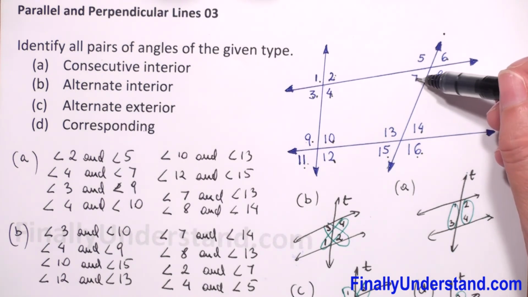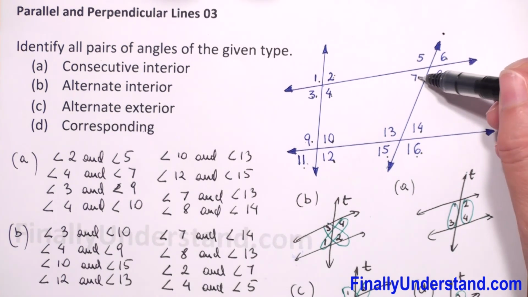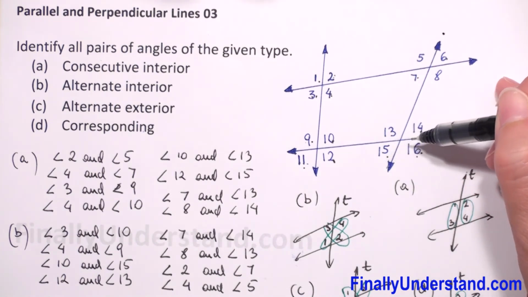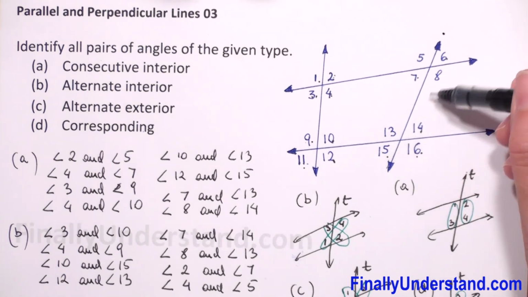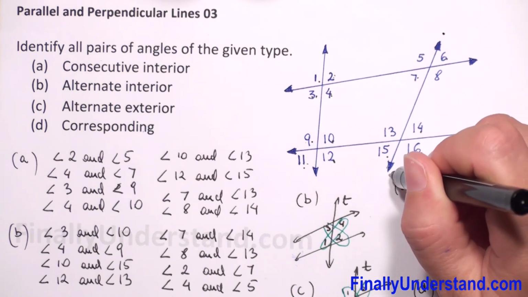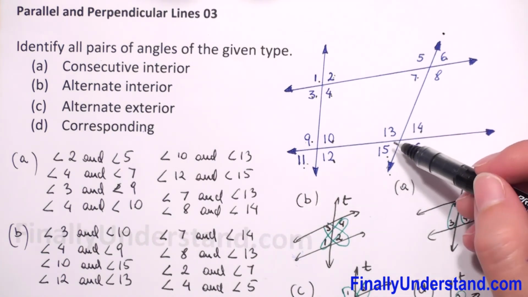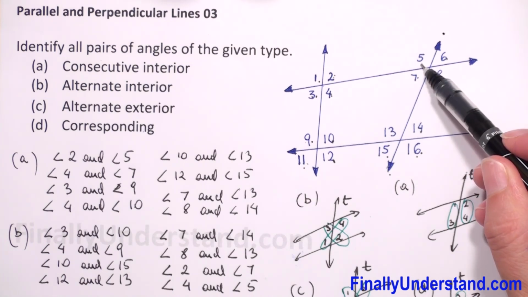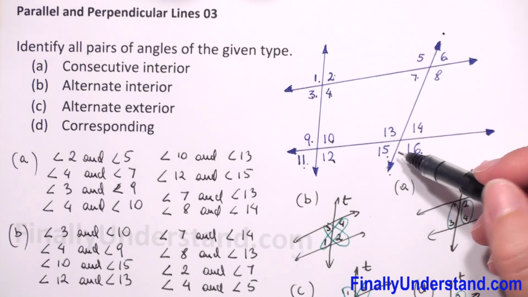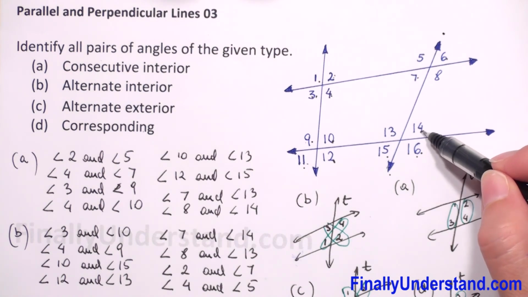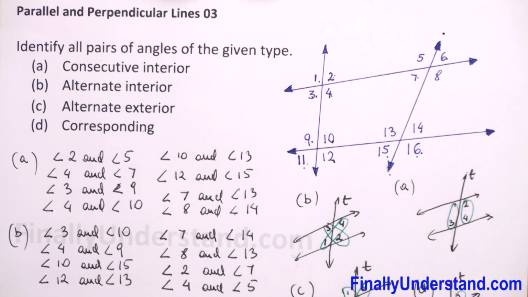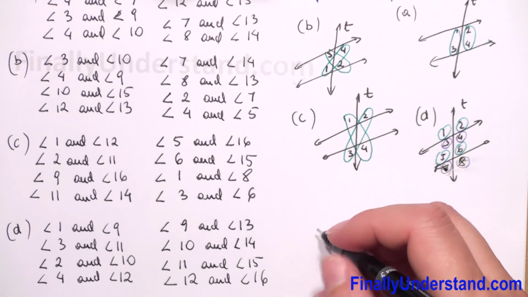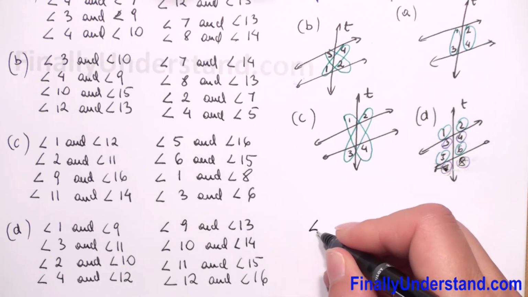So above will be, when you look from this side, 7 and 15, and 8 and 16, and when you are here above lines will be 13 and 5, and 14 and 6.